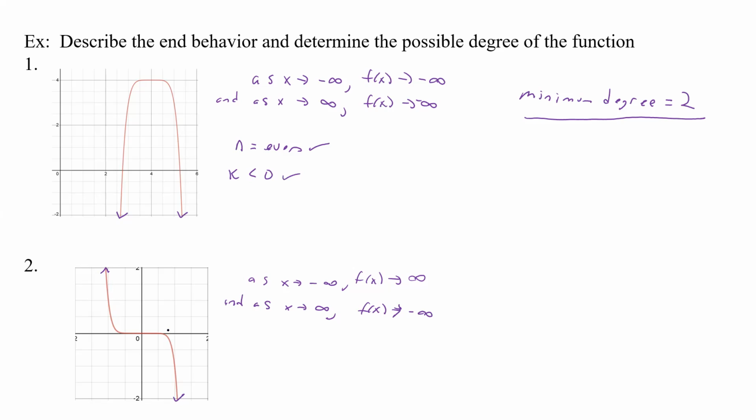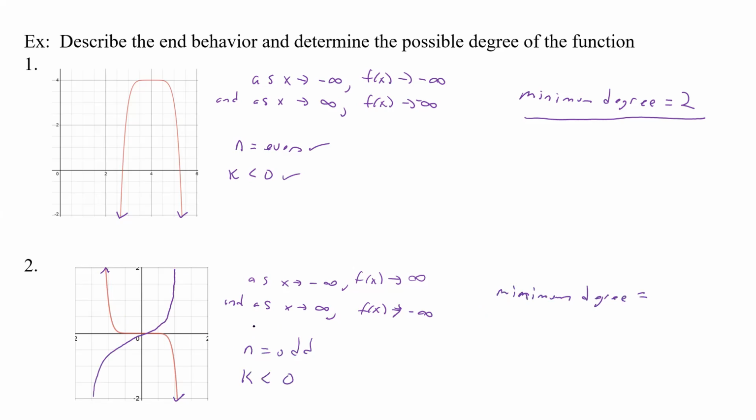Well, this one, what is it? If we thought about a real function, it would be going like this. And so we know n is going to be odd. And because it's going the other way than the actual function, k is going to be less than 0 here as well. And so here, what's our minimum degree?